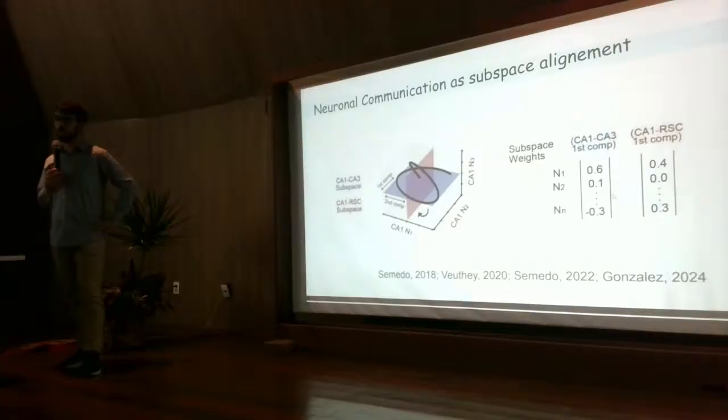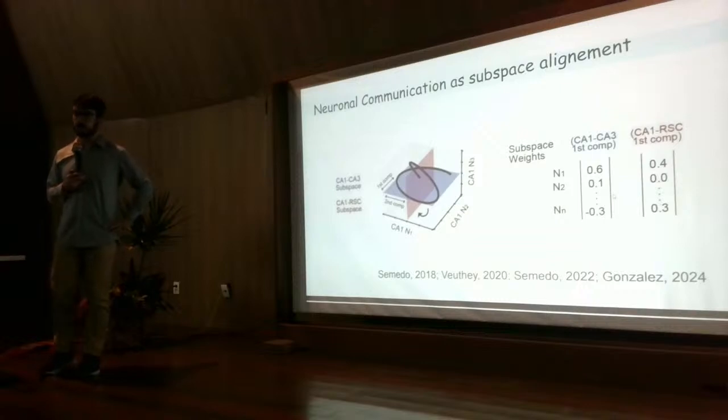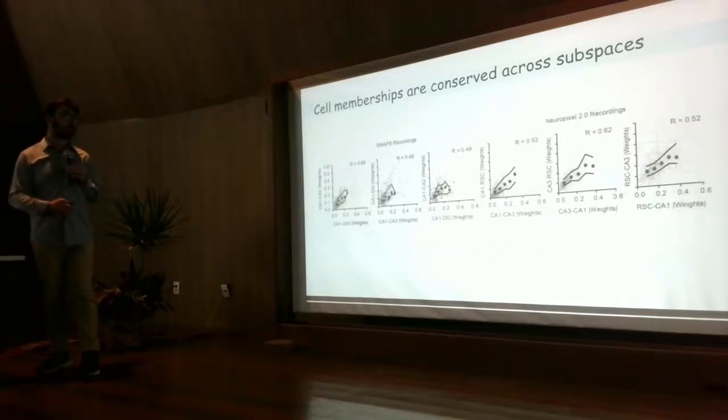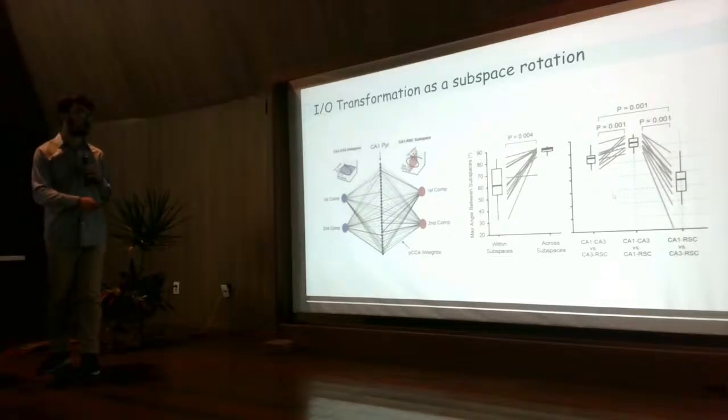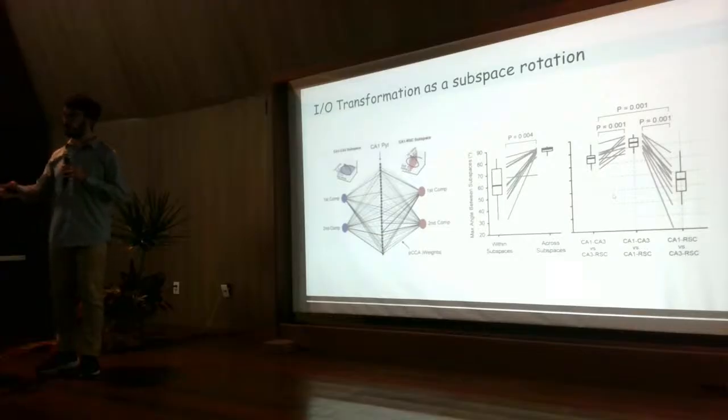Yeah, that's kind of a deep question. My first approach would be to say it's a description, but I think it can shed some light on the nature of the computation. So, for instance, we find a difference in the amount of rotations we see, even when we match the number of neurons in CA1, CA3, and retrosplenial cortex, so that neuron number is not a bias in the measurement we are obtaining.